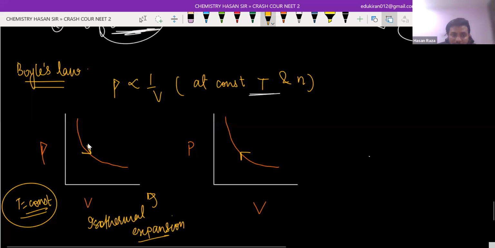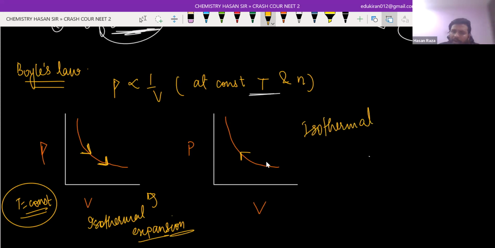You can see the direction of the graph is downward, from top to bottom, and hence the volume is increasing, so expansion is taking place. And in here the volume is decreasing, and hence it is isothermal compression. Everyone getting my point? On the basis of direction, you can easily decide whether it is expansion or compression. Is that clear?